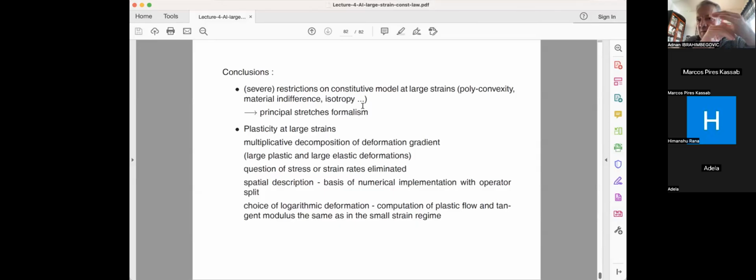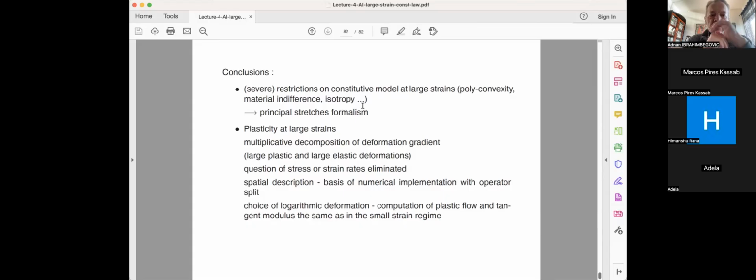Once you pay the price and compute the eigenvalue problem, then you can keep going in the principal direction, and then it becomes very easy computation because these are scalar potentials in terms of scalar values, which are principal directions or principal elastic stretches. And then when you learn how to compute your partial derivatives, it goes very easy one after another.